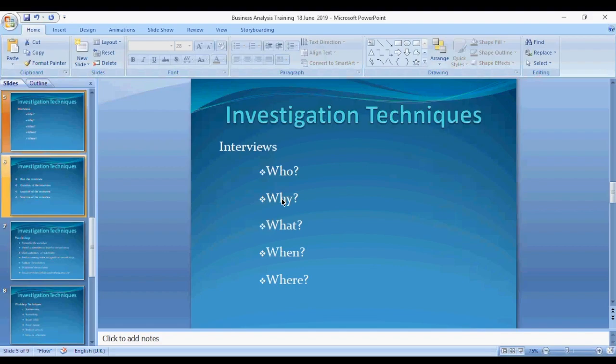Who do you need to speak with, why you need to speak with them, what needs to be discussed, and when exactly do you need to carry out this interview, and where. So that's why we have these questions: who you need to speak with, why you need to speak with them, what you need to discuss with them, when do you need to carry out this interview, and where.